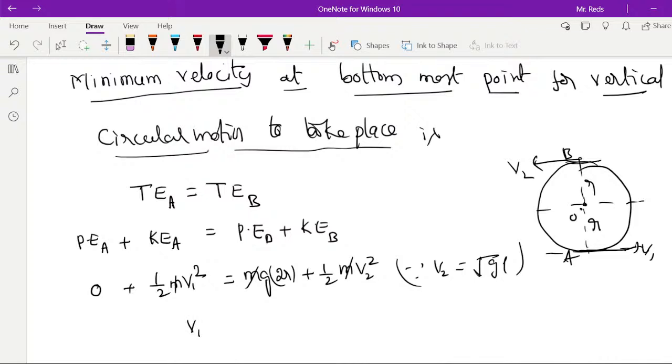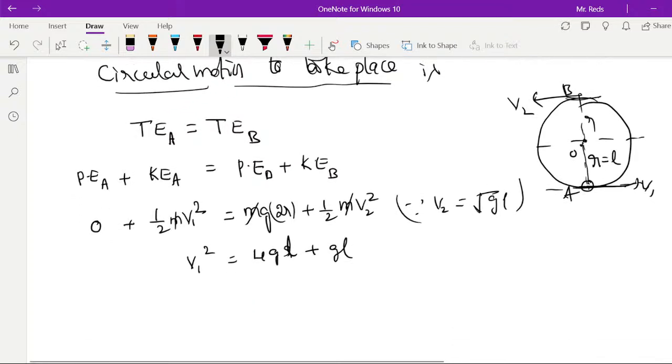Then v1 square is equal to 2 into 2, becomes 4gr. If this is a pendulum of length l, r is equal to l. So 4gl plus, the 2 comes here, 2 by 2 is 1, so plus v2 square, which is gl. So 4gl plus gl is 5gl. Therefore v1 is equal to square root of 5gl.